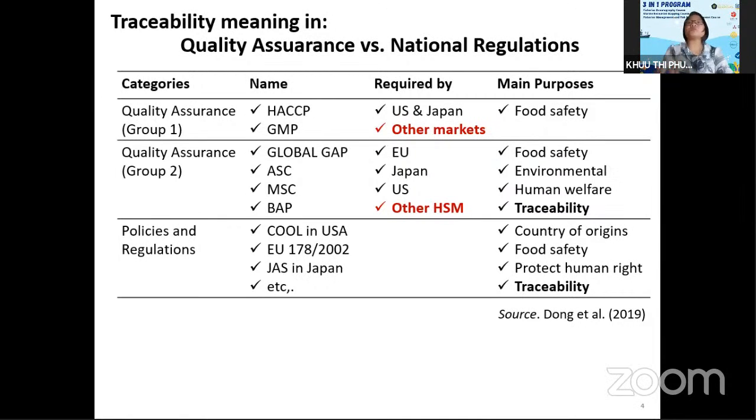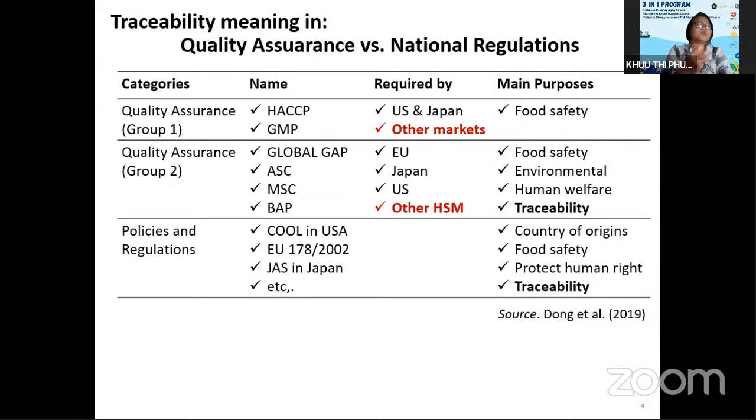They focus on countries of origin, on food safety, on protecting human rights, and also on traceability. So if all our products are certified by quality assurance group 2 too, we can respond to the policy and regulations.